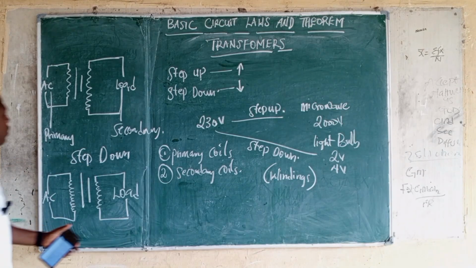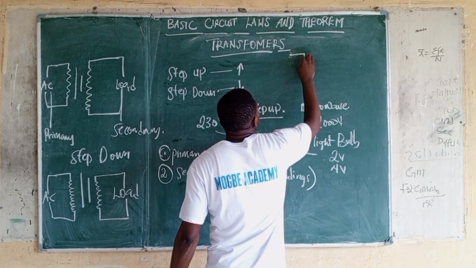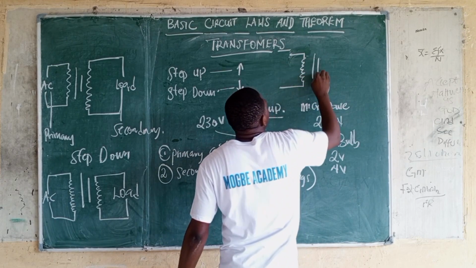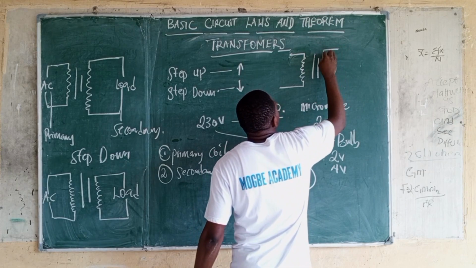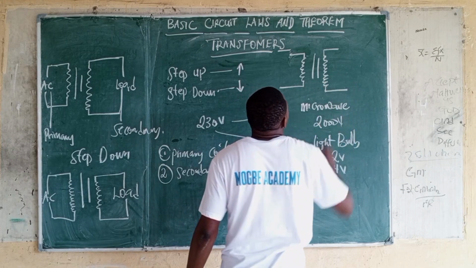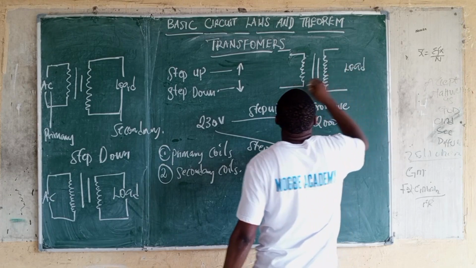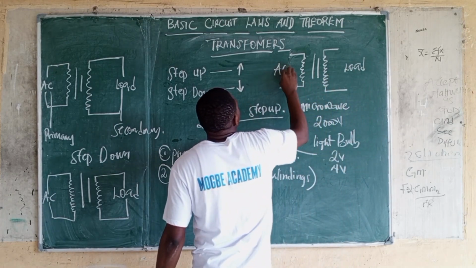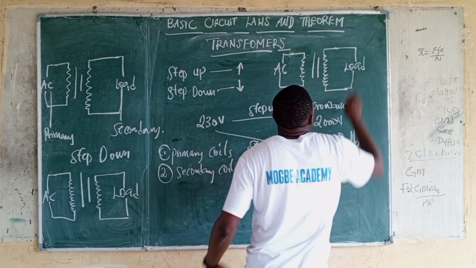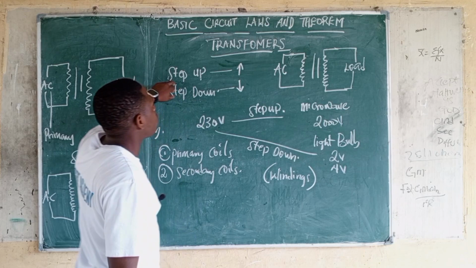Now what if a case where you have this, and you have this also? We know that this is connected to our load, while this is connected to the AC source. How do you identify this to be your step-up transformer?